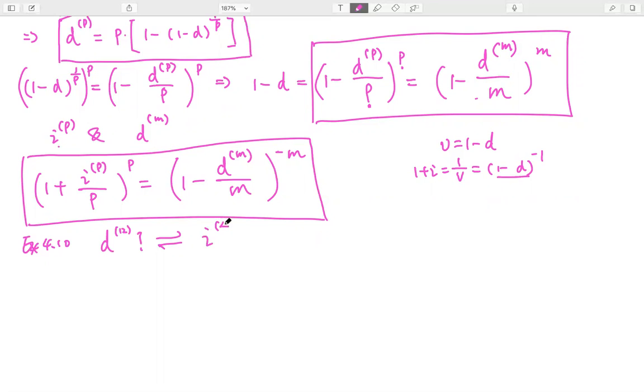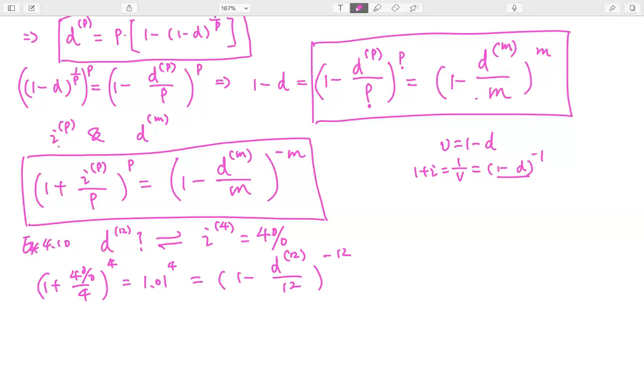So I know i upper 4 is 4%. Well, then you just put everything in. 4% divided by 4, to the fourth. So it's 1.01 to the fourth equals (1 minus d upper 12 divided by 12) to the negative 12. Right?